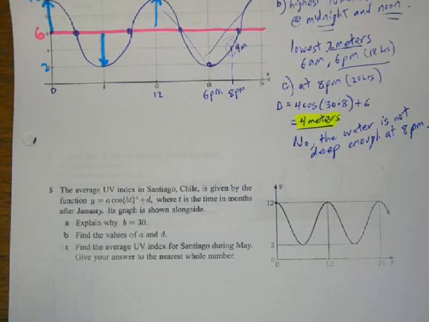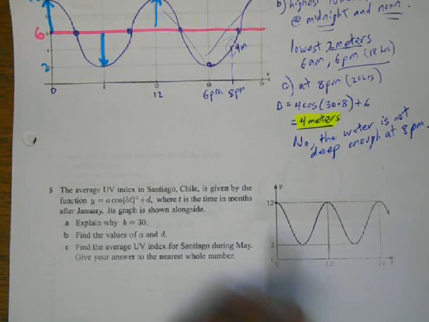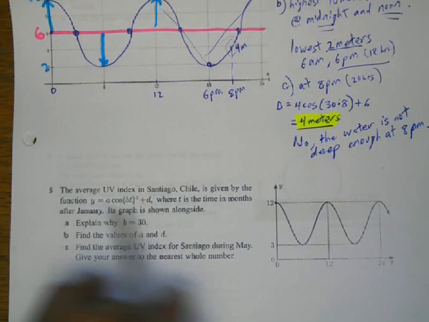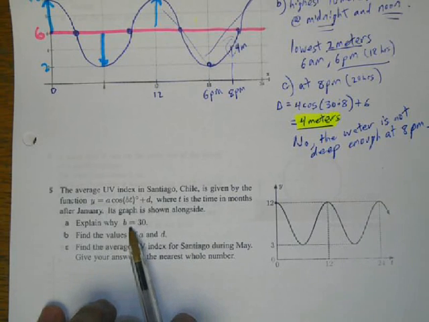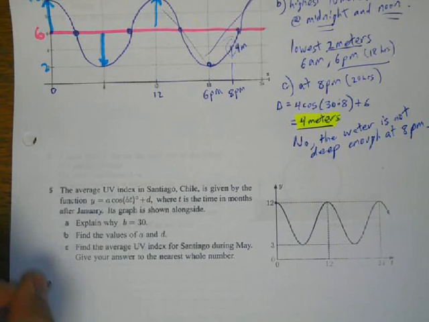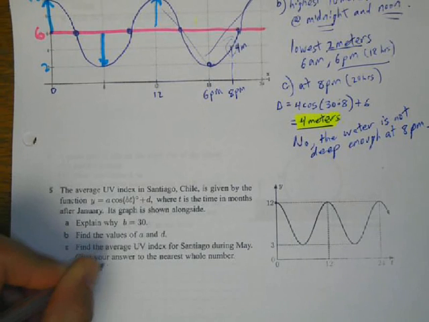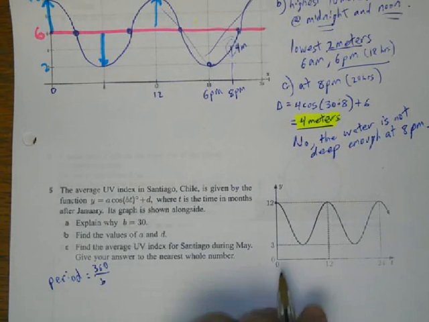Okay, question 5. Here we've got this graph. So looking at this, we know we want to find the equation. Okay, so we know the period equals 360 divided by b, and our period is 12.